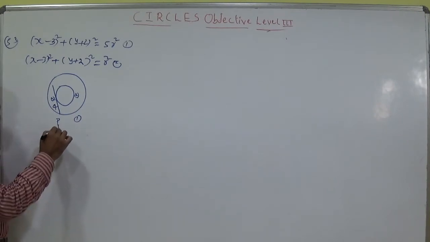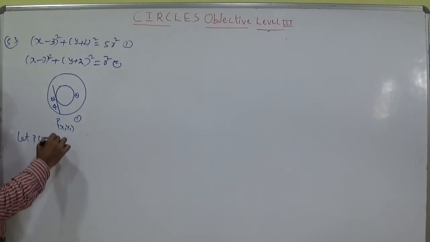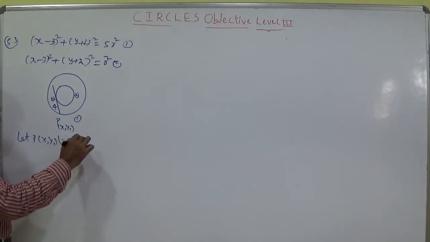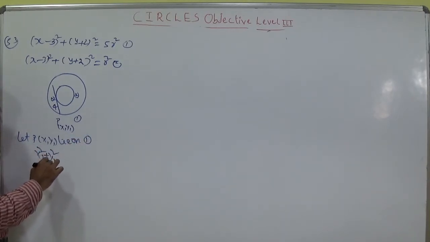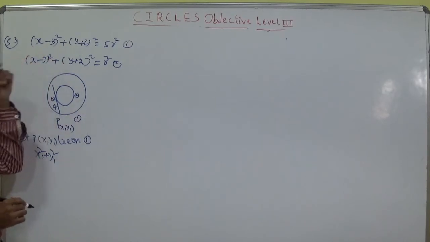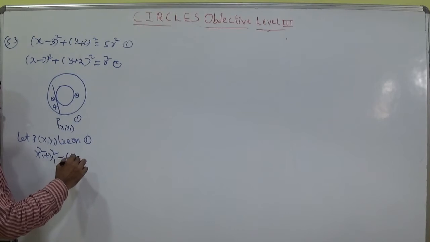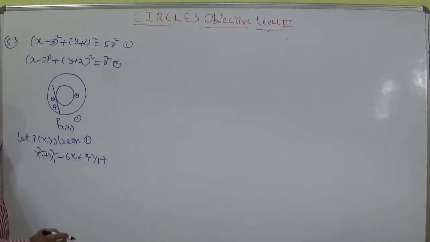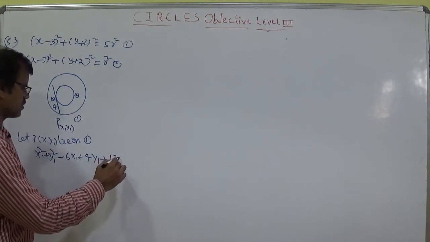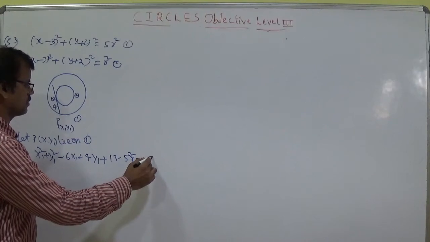Let me write P(x1, y1). Let P(x1, y1) lie on the first circle. So expand the circle's first equation and write with x1, y1: x1 square plus y1 square minus 6x1 plus 4y1 plus 13, this is 9 plus 4, 13, minus 5r square equal to 0.